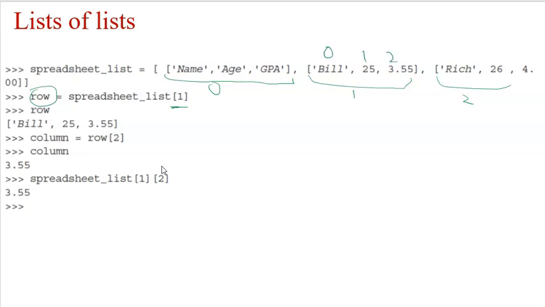If you choose 2 over here, you get 3.55 as the output. You can directly do that also. This is going to give you element 2 of list 1, which is this index, and so that's again 3.55. So you can do it the longer way, or just type in 2 numbers in 2 square brackets.